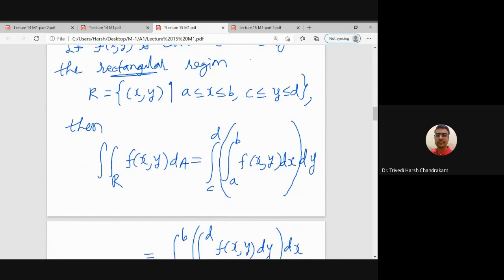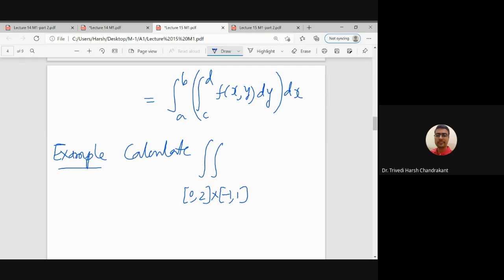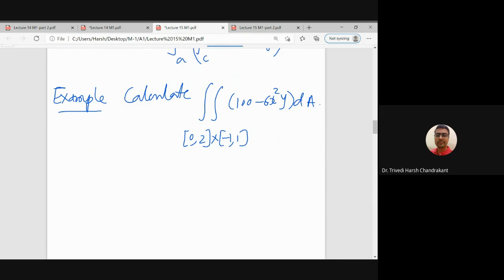So let us see an example where we can actually verify this. Calculate or find the double integral, where x is between 0 and 2 and y is between -1 and 1, and our function is 100 minus 6x squared y, dA.